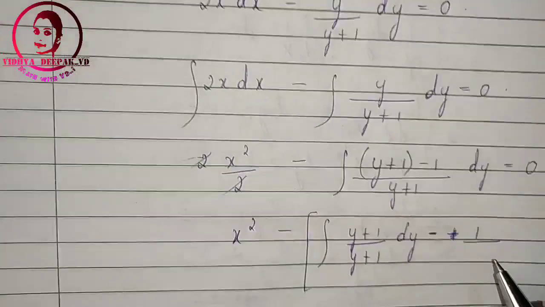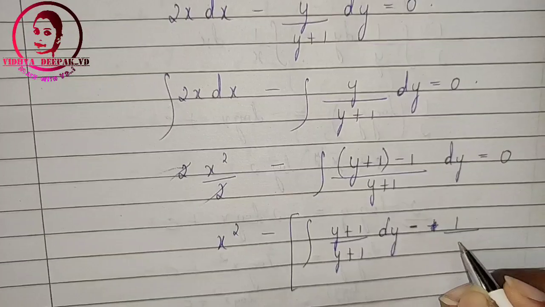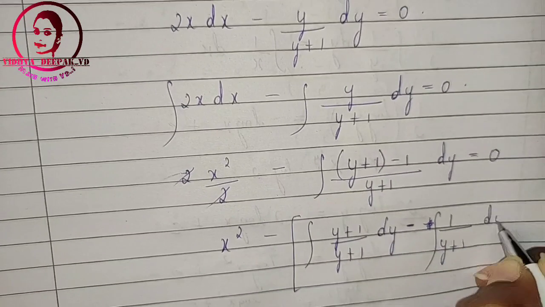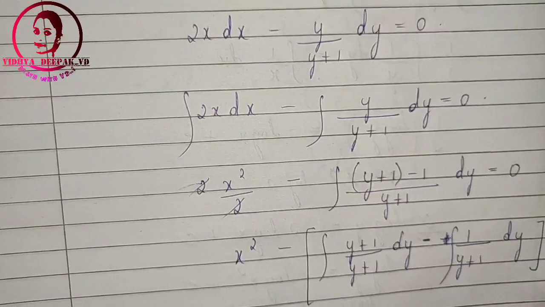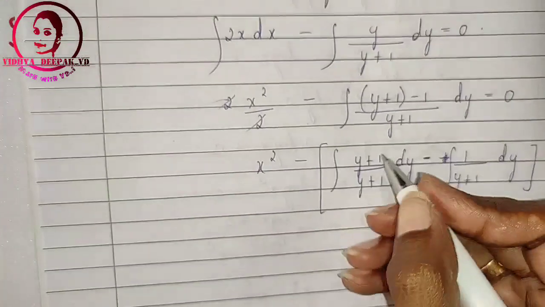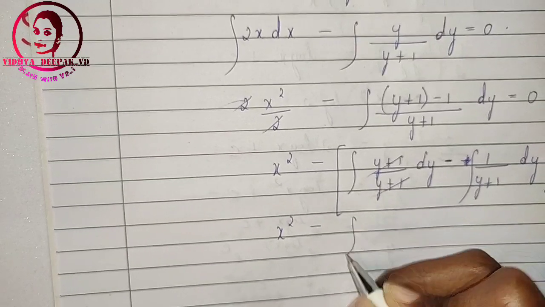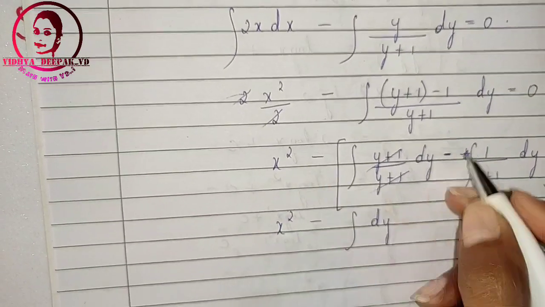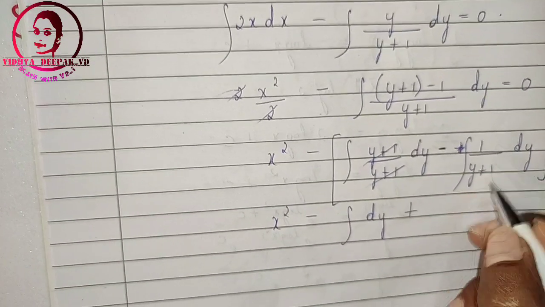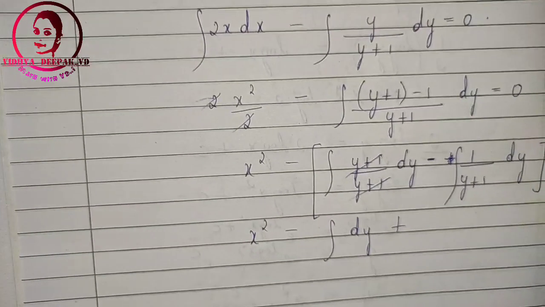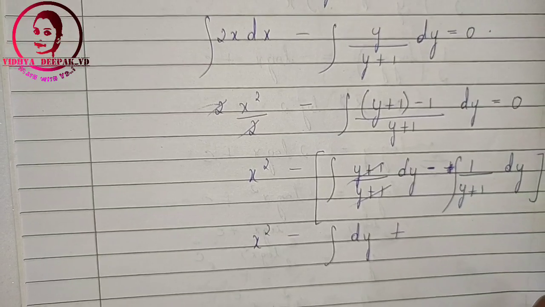Here y+1 gets cancelled, so what do we have? The integral of dy, and minus into minus becomes plus, the integral of 1/(y+1) dy.